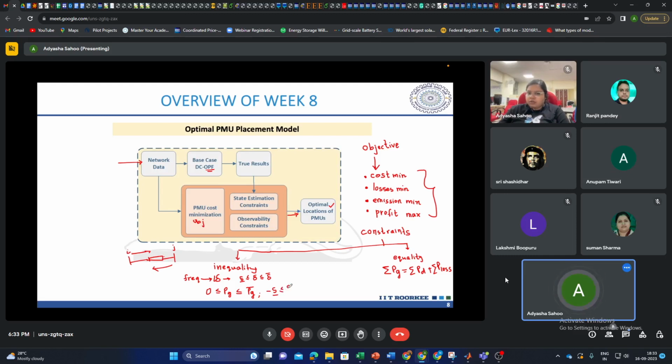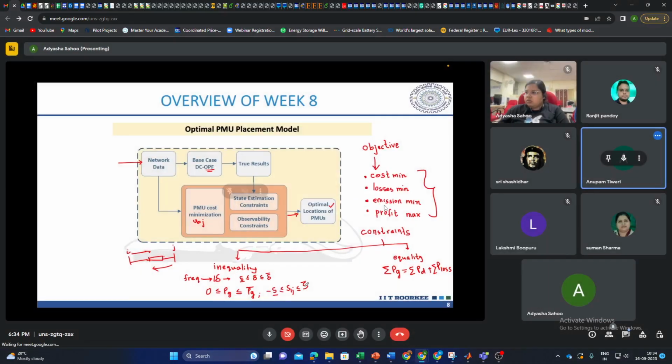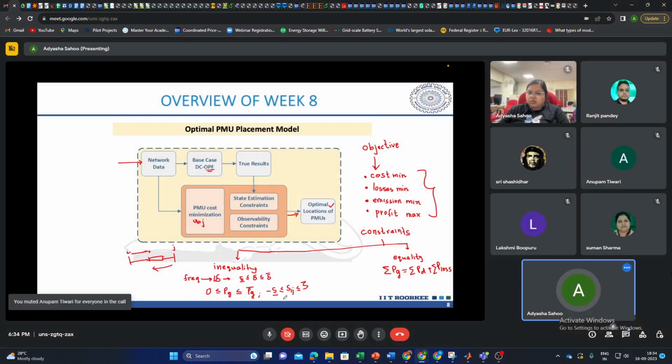So basically S i j minimum, and maximum power flow that can flow from I to j is S max. So these are some examples of the inequality constraints for the power system.